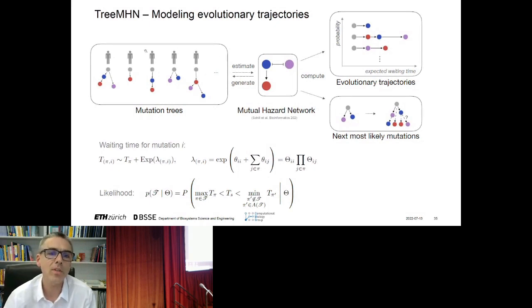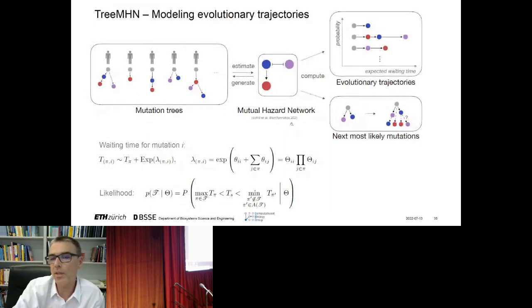So here's again our set of mutation trees that we observe. The model we're using is based on the so-called mutual hazard network. The model is called TreeMHN because, unlike the original version of the mutual hazard network developed by Rudi Schill, our model will generate trees rather than individual genotypes.